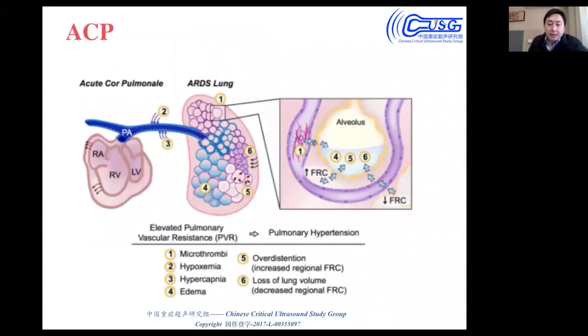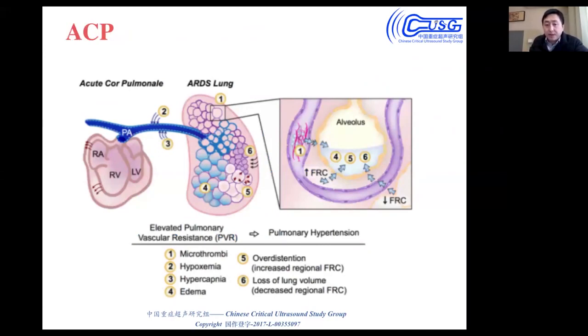And as the disease progressed, another problem we have to face is ACP. We all know the damage that happened to the lung, and the damage itself can cause the vasculature to break, and other factors such as hypoxia, hypercarbia, and edema.